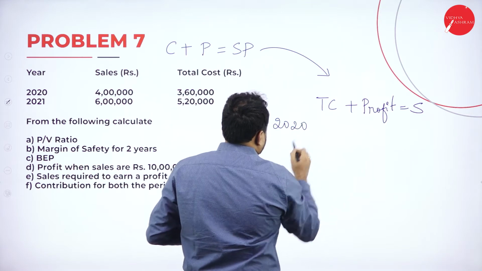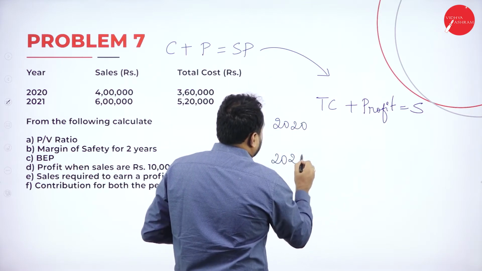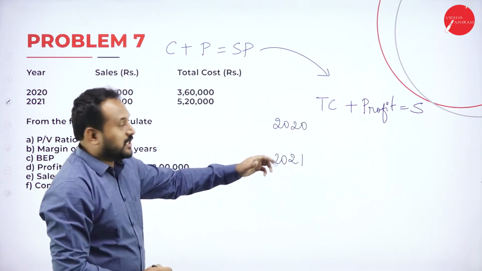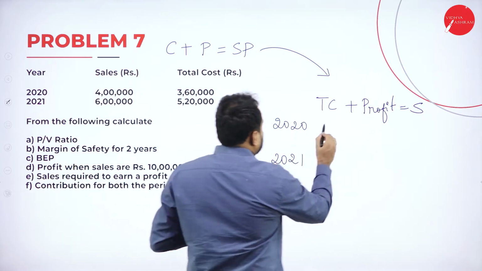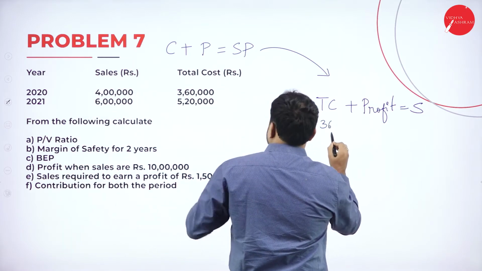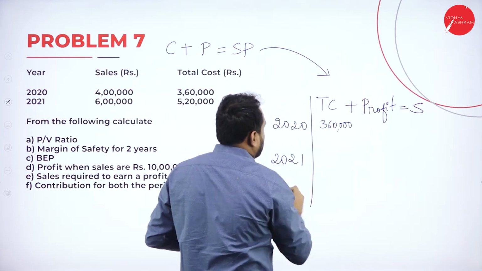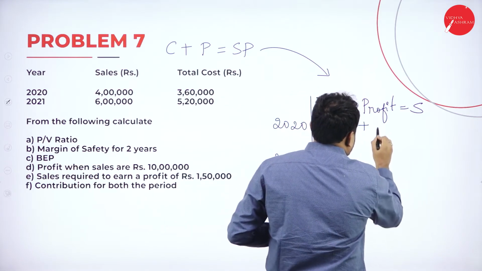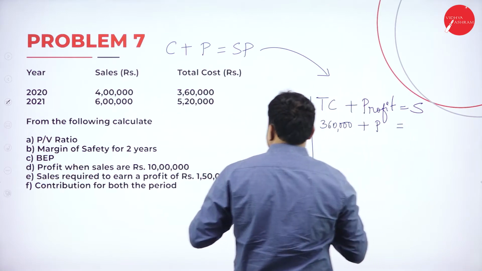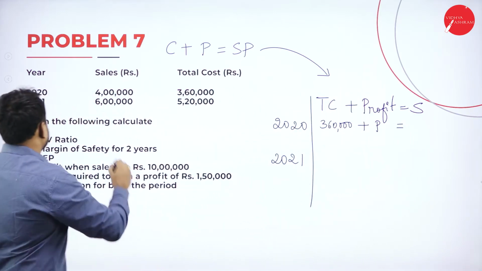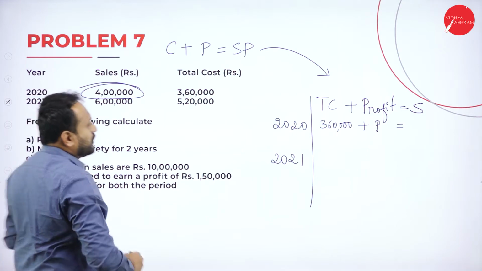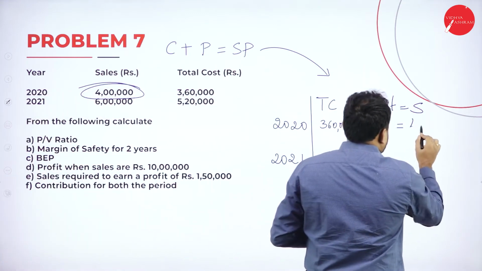2020 and 2021. What is your total cost here? Total cost is 3,60,000. We will write 3,60,000 here, plus profit, which we don't know, is equal to the 2020 sales. 2020 sales is how much? 4 lakh. So I'll write here 4 lakh.